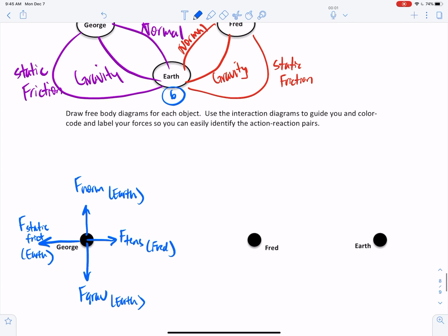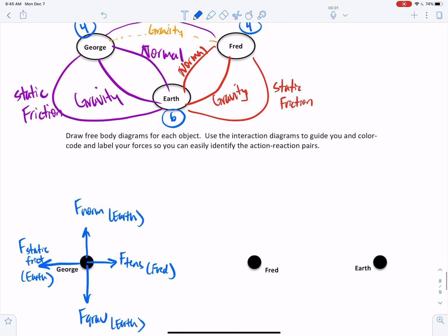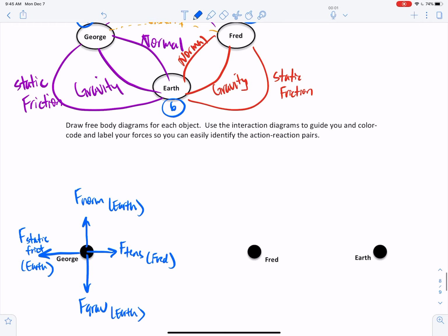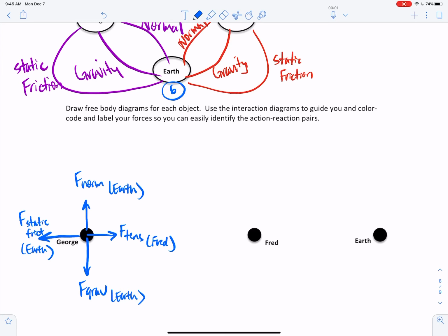All right, I said in the interaction diagram that George had 4 forces, and I've got all 4 on George's free body diagram, so George is good. Let's move to Fred. Fred has the same stuff going on, okay? Fred's got a normal force from the Earth. Fred has gravity from the Earth.